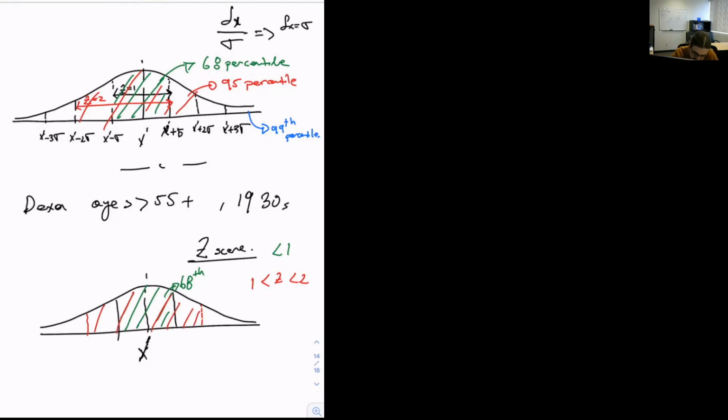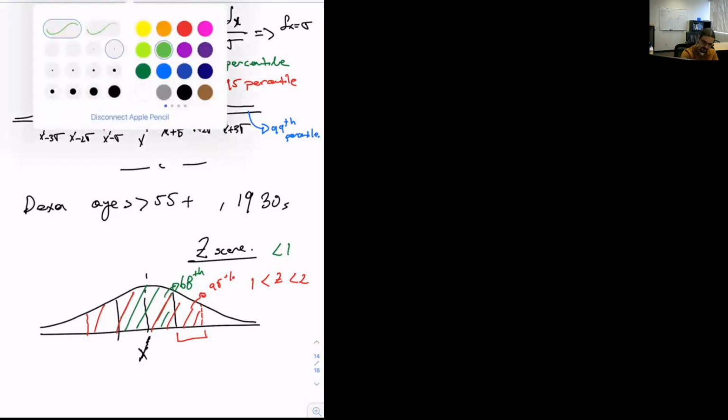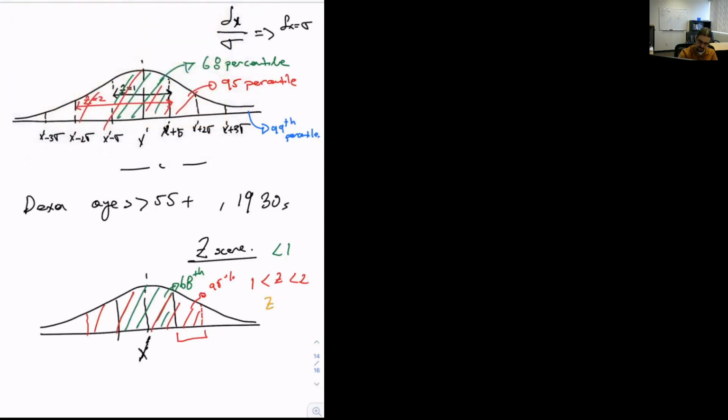That means that you actually have a z-score that falls within that range. So that means that you're osteopenic, so you are at risk of osteoporosis. And if your z-score is bigger than 2, then you are in this range, and that means you are osteoporotic.